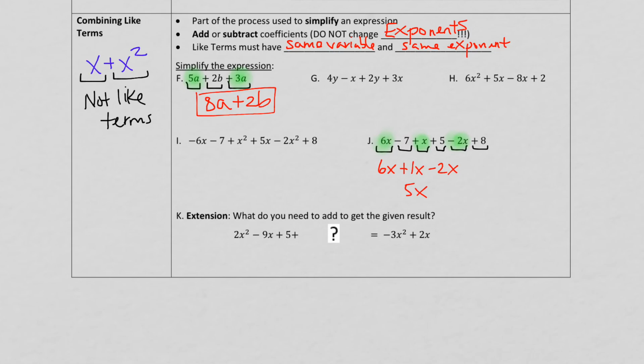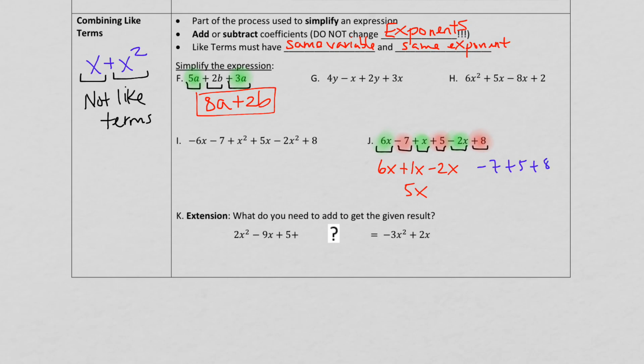Next, I scan again, and I see a constant. So this is just a number by itself. Another constant, and another constant. Constants are also going to be like terms, so I can combine those too. So in this case, all I got to do is say minus 7 plus 5 plus 8.